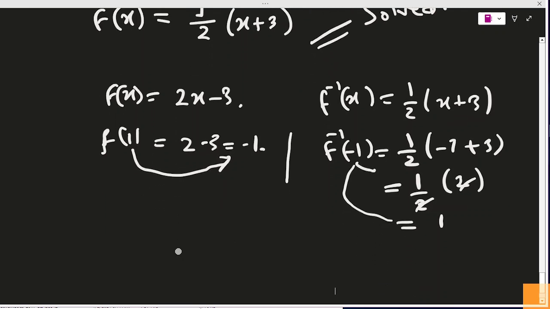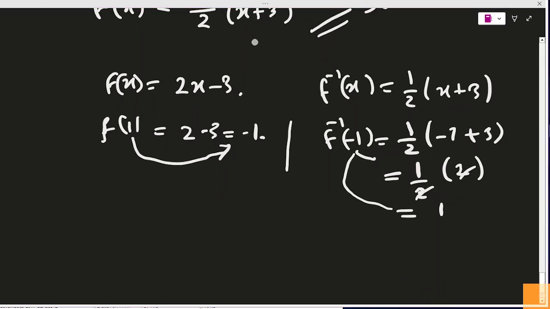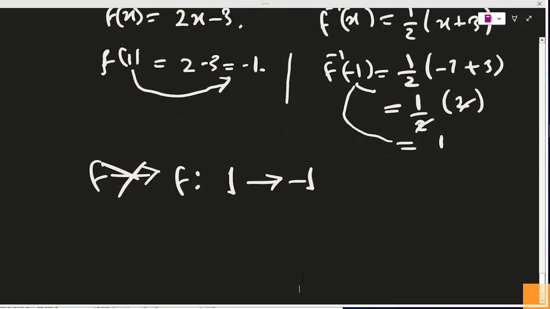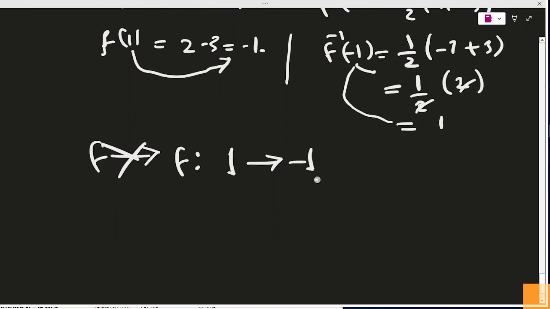So yes, it is inversible and inverse function is correct, because f फंक्शन ने 1 एलिमेंट को -1 एलिमेंट में लिया था और f इनवर्स फंक्शन ने -1 एलिमेंट को 1 एलिमेंट में लिया। So f inverse is correct.